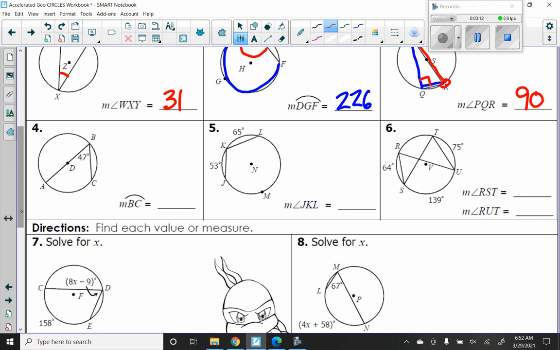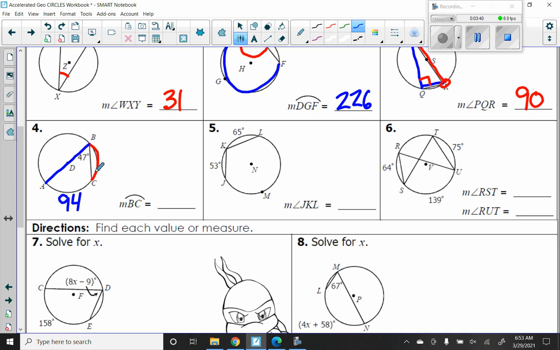How do we find BC? Be careful. It's not always just going to ask, so BC is over here. How can we do that? One easy way is to recognize your half circles. That divides the circle into a half circle. We can find this. It's 94, twice as big as 47.